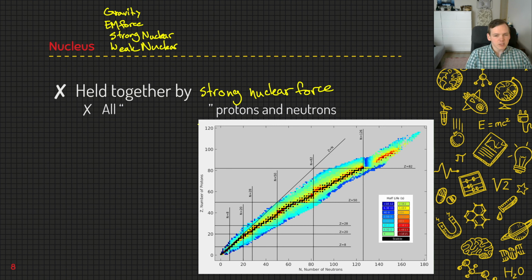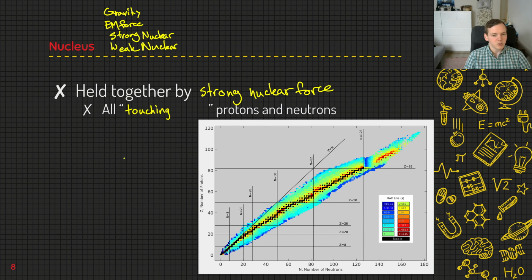So the thing to know about the strong nuclear force is it's a very short-range force, we say. So unlike gravity or unlike the electromagnetic force, which can act over a long distance, the strong nuclear force only works for, we'll say, touching protons and neutrons. So you can think about it like Velcro.